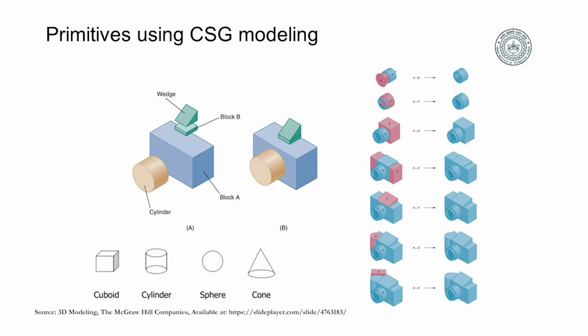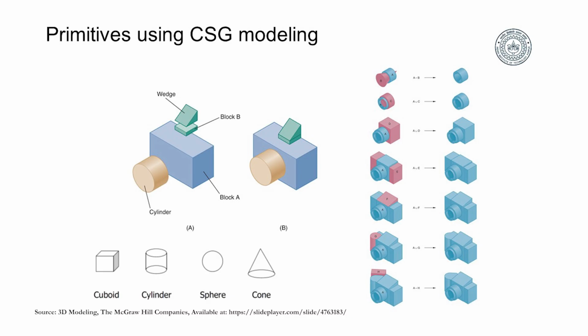What we need for constructive solid geometry modeling is primitives. Using primitives such as cuboids, cylinders, spheres and cones, you can create your product. Here you can see there is a cylinder, a block, another block, and a wedge. Using such primitives, you can create your product. This is a camera, created using these primitives and operations.